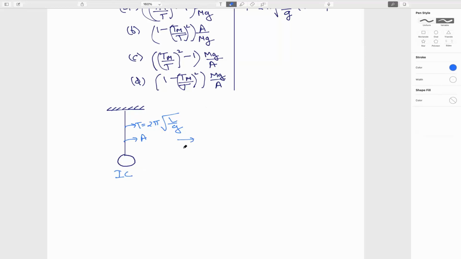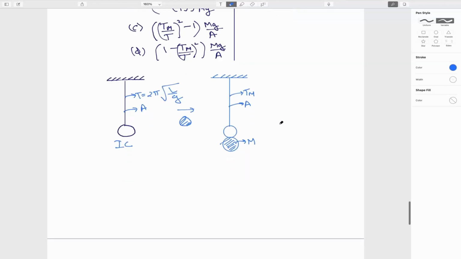Now a bob of mass m is added to the previous pendulum. So the new time period is Tm. The cross-sectional area will remain the same. So first we will find Tm and then we'll relate it to gamma.